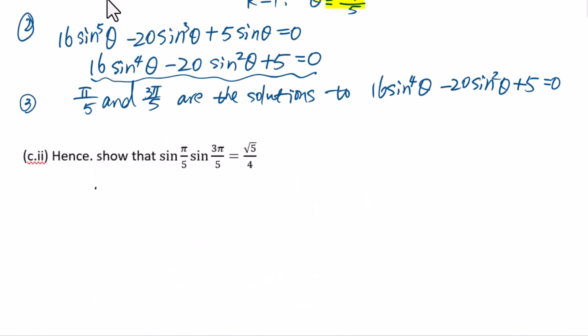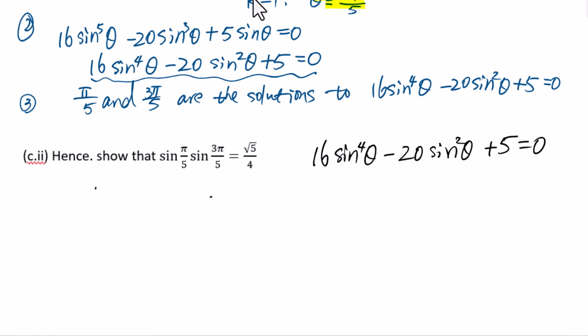Let's go to C2. Hence, show that sin(π/5) times sin(3π/5) equals √5/4. We do know π/5 and 3π/5 are roots to this equation.